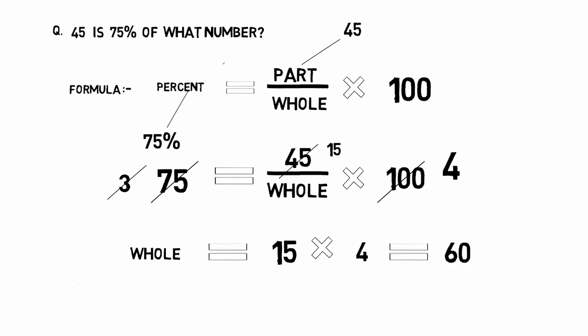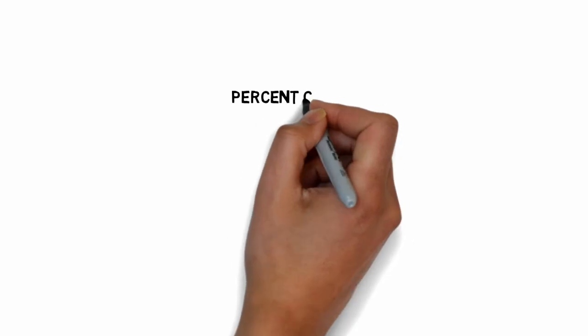Now let's move to percent change. In simple words, we can define it as: when a quantity changes from an initial positive number to another positive amount, you can compute the amount of change as a percent of the initial number.